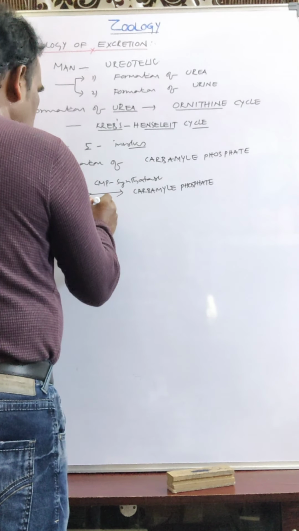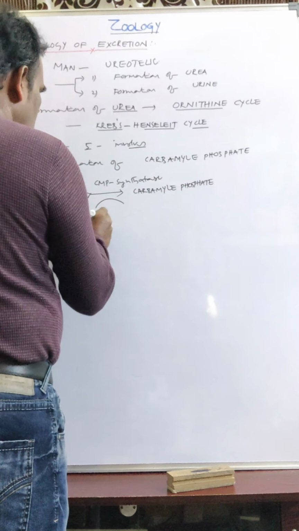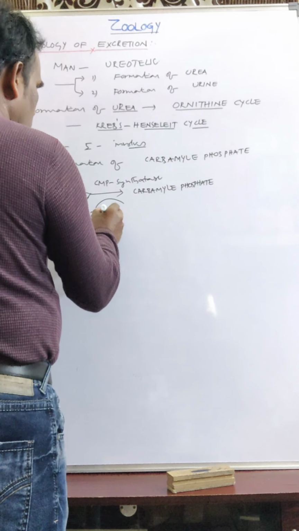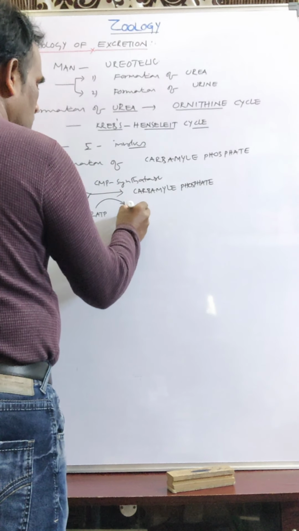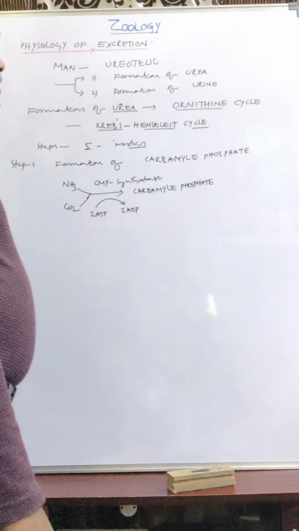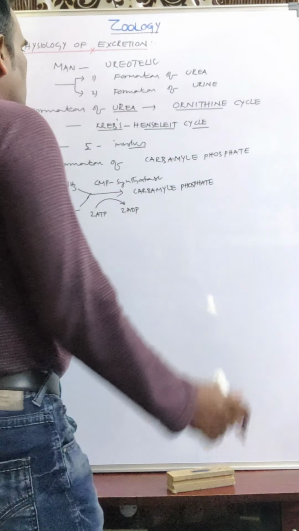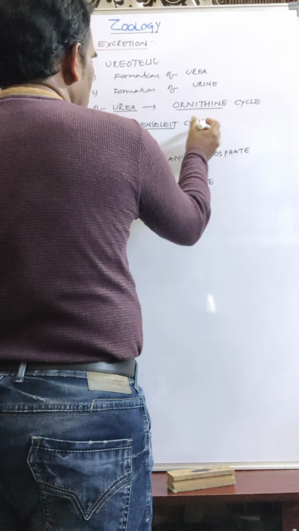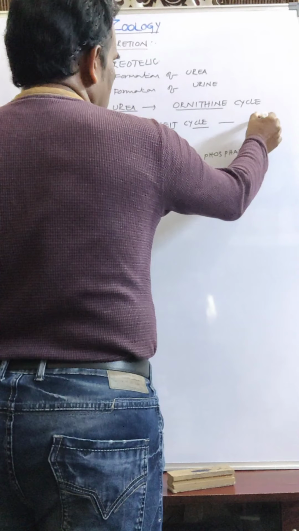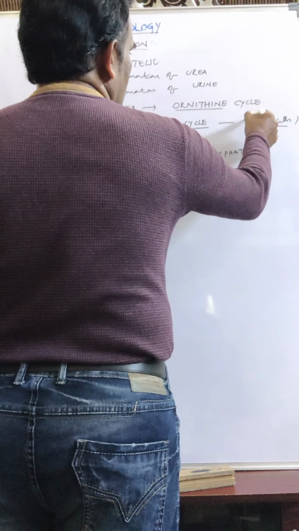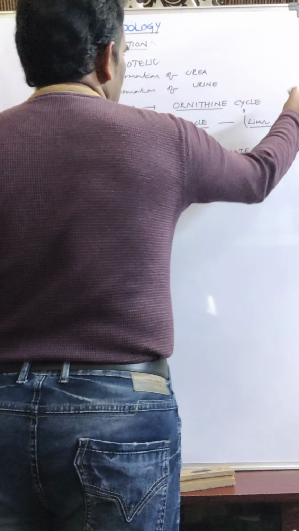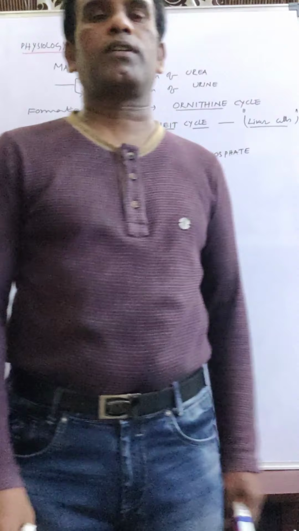It is an energy consuming process, and 2 ATPs are utilized here. The formation of urea takes place in the liver cells, actually in the mitochondria of liver cells.